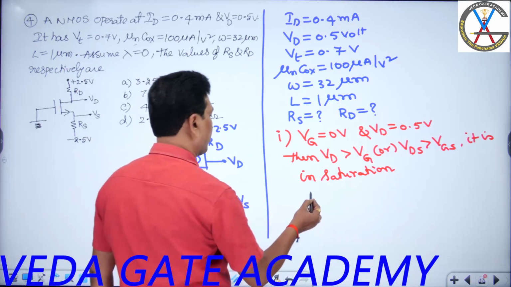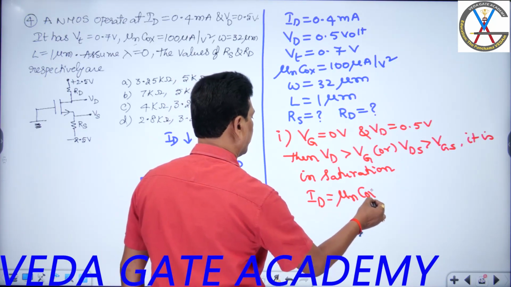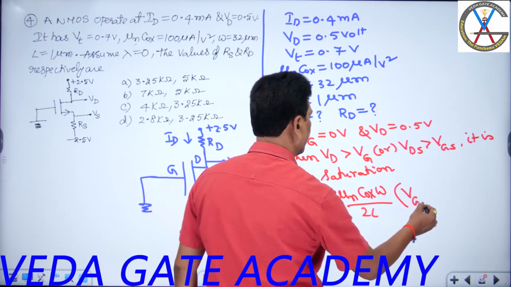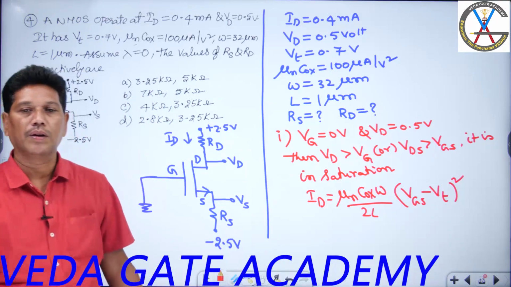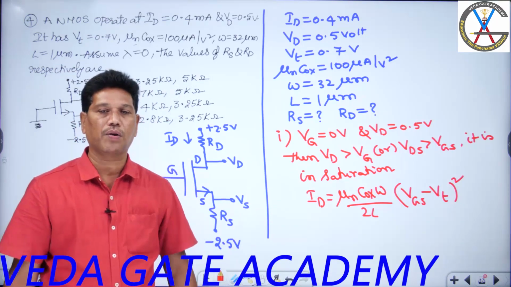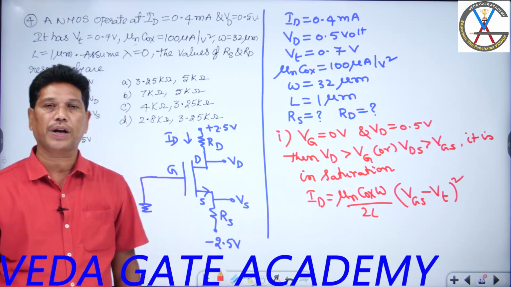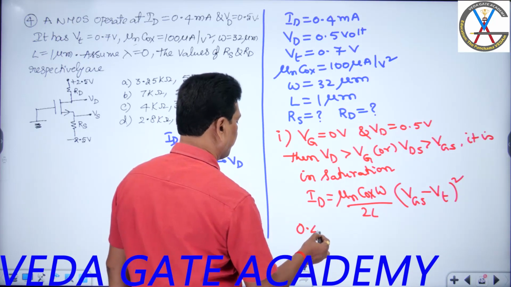This is the formula of drain current. ID equal to mu n COX W by 2L into VGS minus VT whole square. So this is the formula for drain current, students. Now I can substitute that. ID is 0.4 milliampere.